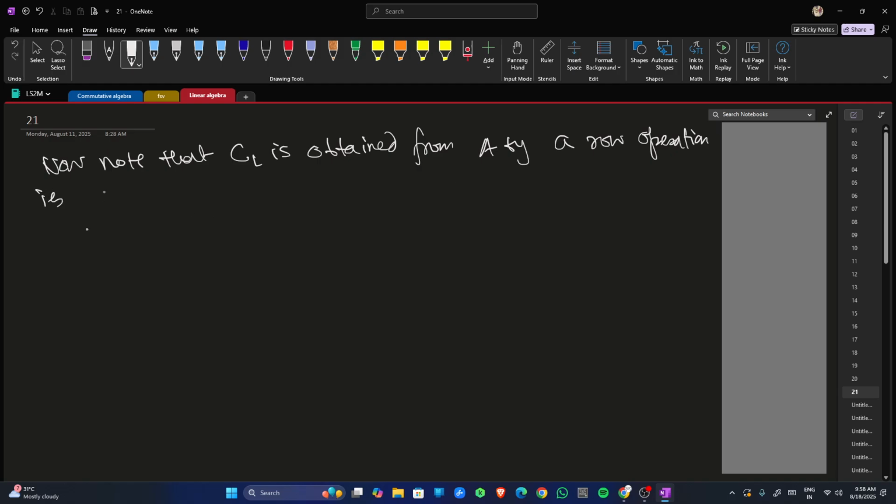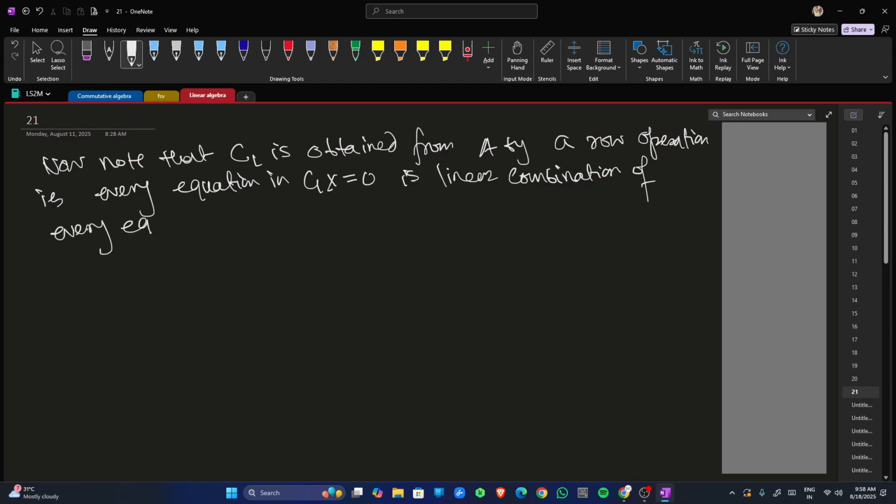That is, every equation in C1x equal to 0 is a linear combination of the equations of Ax equal to 0.